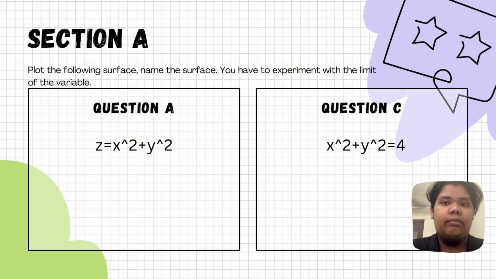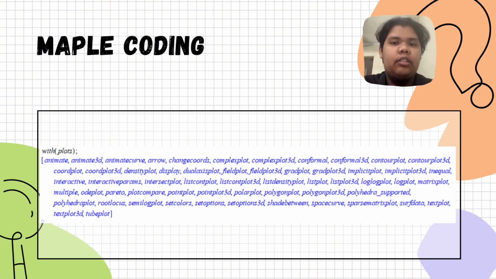So I choose question A, which is z equal to x squared plus y squared, and question C, which is x squared plus y squared is equal to 4. For these two questions, our Mat491 coding will be using with plots to show the image, and we will be using implicit plots 3D to show the shapes.